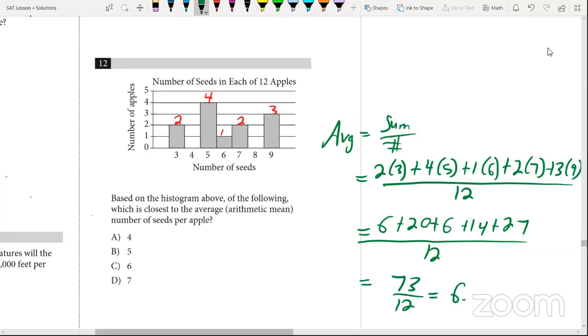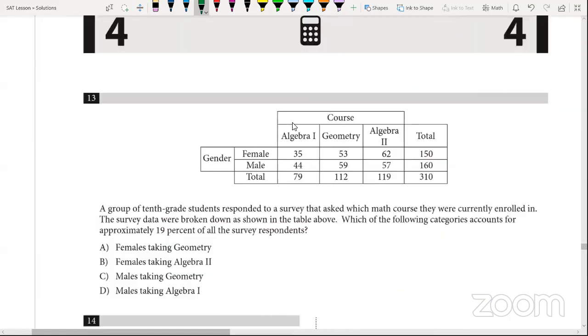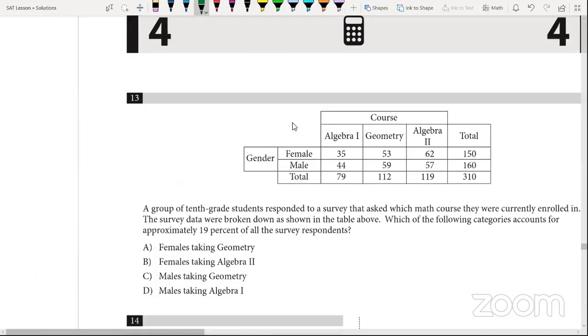And the answer is 6.083 repeated. So which is closest to that is the number 6 on number 12. Okay, going over to number 13 now.